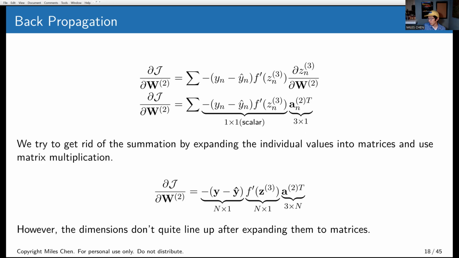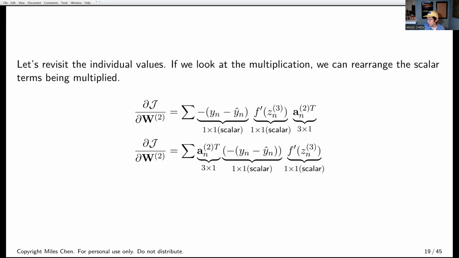So what we want to do is preserve the elements that we're multiplying, but also use the matrix multiplication language or notation. Again, this is not allowed in regular linear algebra. But what I'm going to do is rearrange the terms.